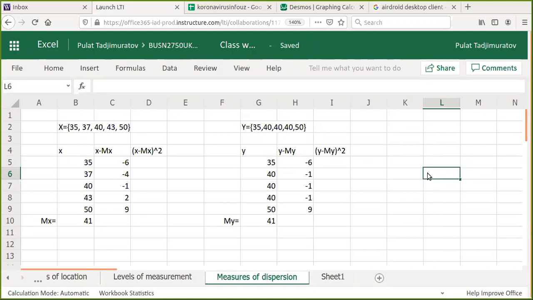We have range, which is just maximum value minus minimum value. And we have interquartile range, which is third quartile minus first quartile. Both of them are measures of spread. They show us how widely our data is dispersed.